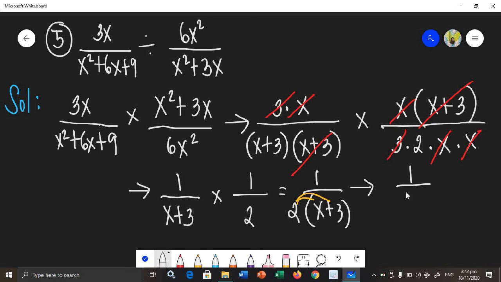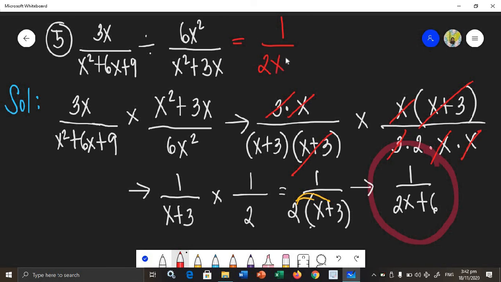So we have 1 over 2 times x, that is 2x, and then 2 times positive 3, so that is positive 6. Therefore, this is now the quotient of example number 5: 1 over 2x plus 6. And that is how you divide rational algebraic expressions.